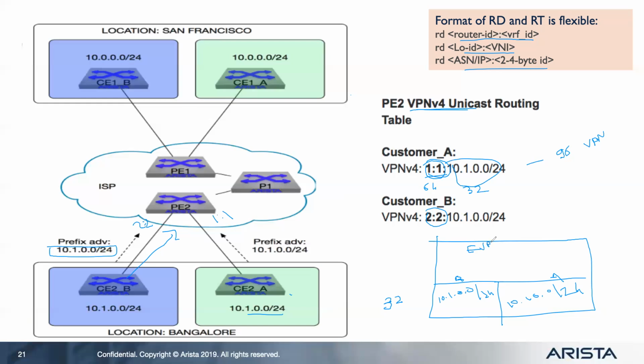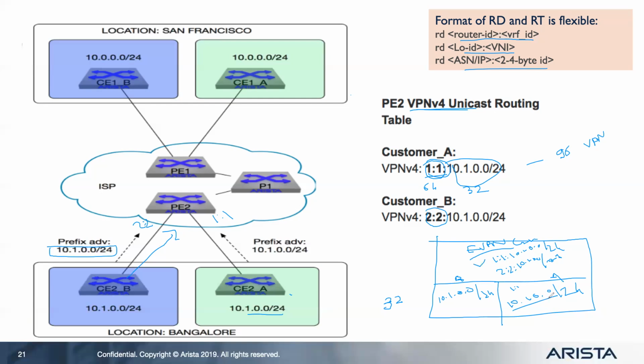When we combine this with 1:1, the overall route will be 1:1:10.1.0.0/24, which will be in the EVPN global table. Another route is 2:2:10.1.0.0/24. So basically now if you see the EVPN global table, you have two separate routes, right?